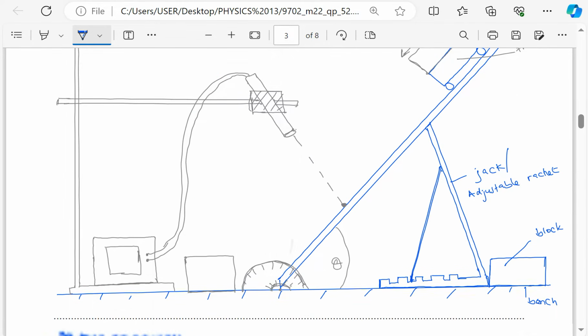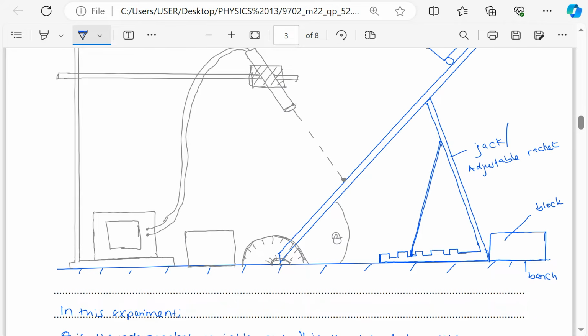Okay, so I'll use blue for labeling. So this is going to be the timer. This is going to be the light gate. This is a block, which is going to be a block to stop the trolley.